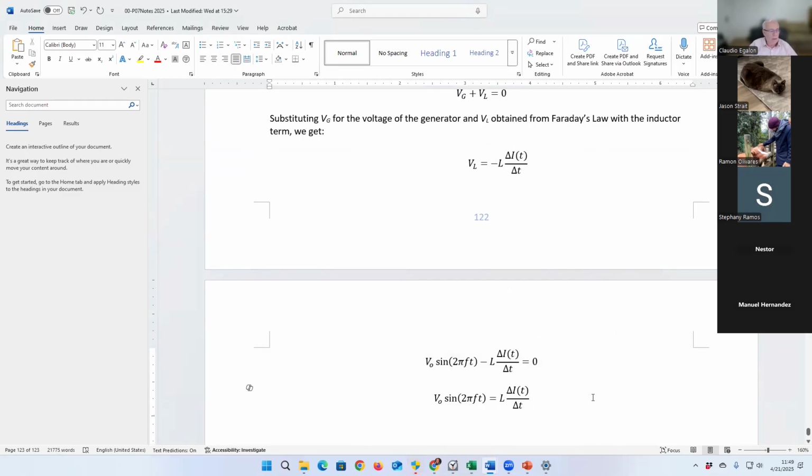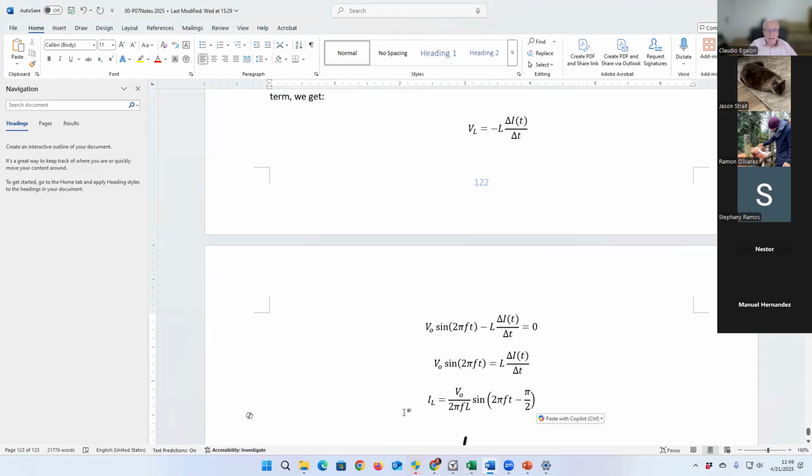We have this relation here for the inductor. And now the solution for that is different from the one for the capacitor. I'm just going to give you the solution. You have to memorize that, okay? The current lags the voltage.